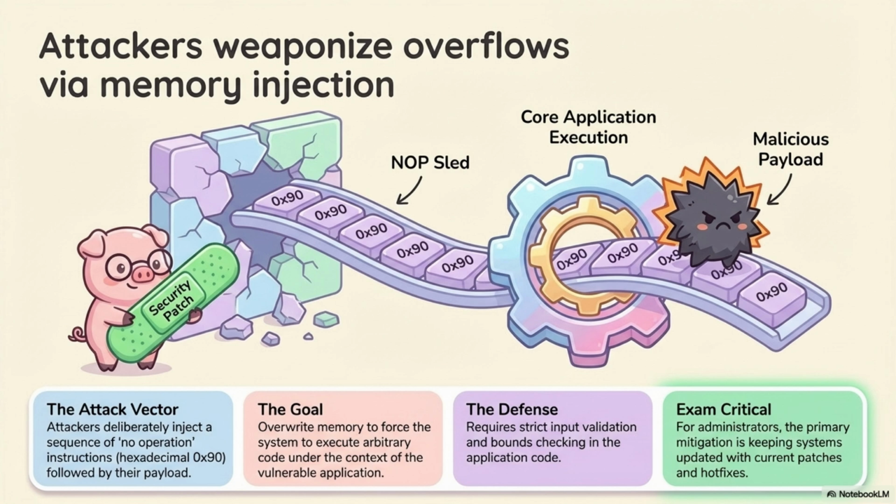The goal is to overwrite memory in such a way that the system executes the malicious code. This is sometimes referred to as memory injection, and when successful, it allows arbitrary code execution under the context of the vulnerable application. Preventing buffer overflow attacks requires strict input validation, proper bounds checking, and secure coding practices.